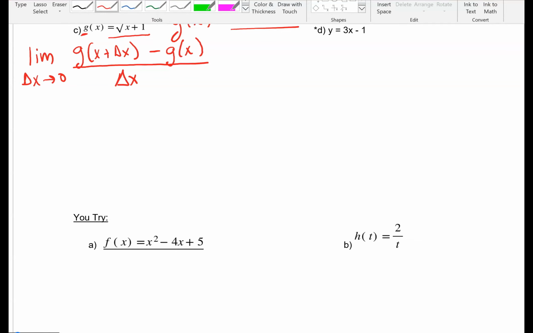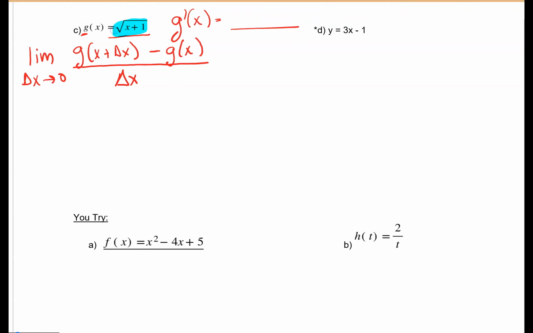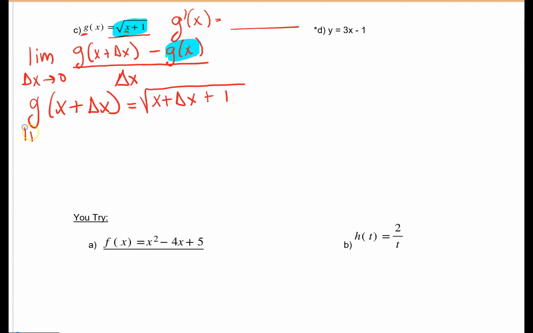And like the other problems, we will sub in the square root of x plus 1 for g of x. Now, for g of x plus delta x, we will plug x plus delta x in for x inside the square root. So our limit ends up looking like this.